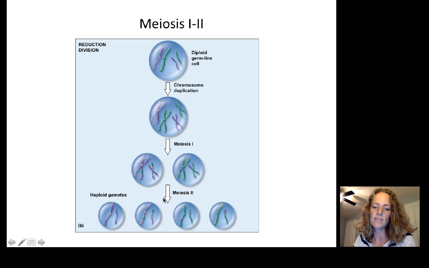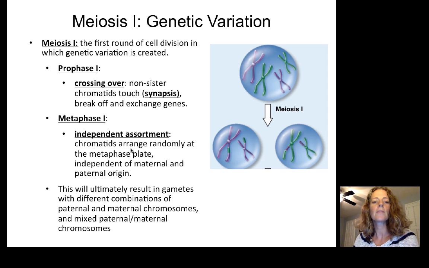And then through the process of meiosis 2, we will get half the number of chromosomes and the final 4 genetically different haploid gametes. So prophase 1 has crossover, metaphase 1 has independent assortment, and this will ultimately result in gametes with a different combination of paternal and maternal chromosomes and mixed paternal-maternal chromosomes.